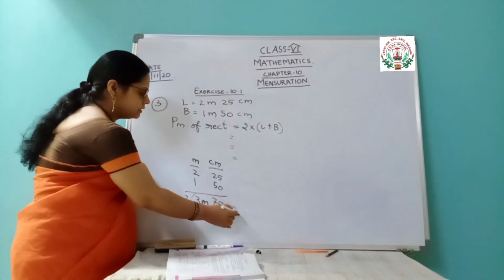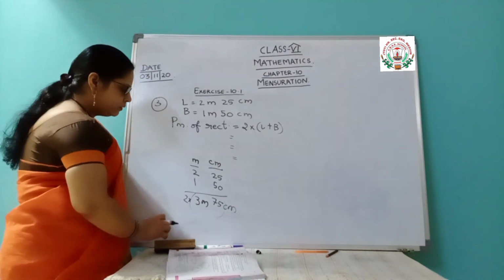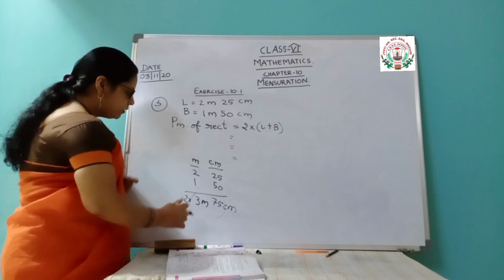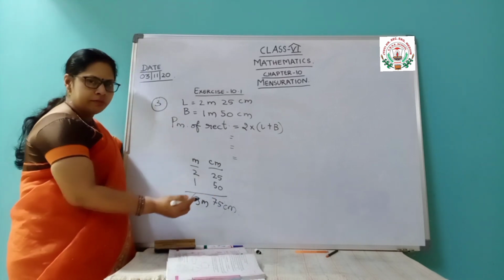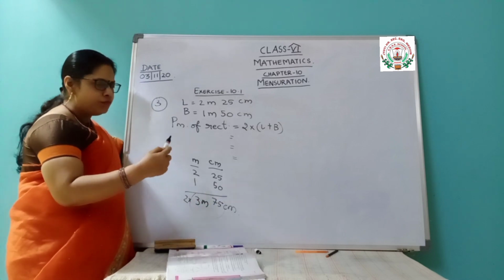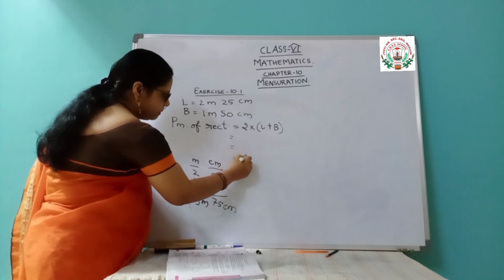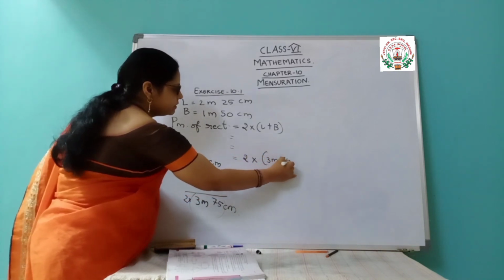This is meter, this is centimeter, and that you are going to multiply by 2. Or else, if you are finding difficulty in how we will multiply, multiply with this also, multiply with this also, or how we are going to do, so that I am explaining here. 2 into 3 meter 75 centimeter.